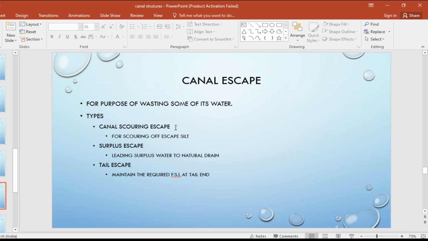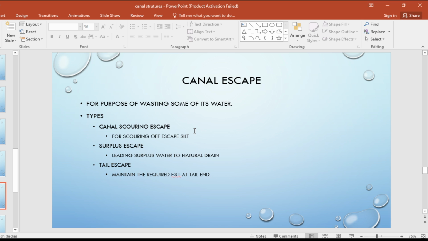This wasting of some amount of water is not really the wastage of water, but it is of very much use for the canal structure.